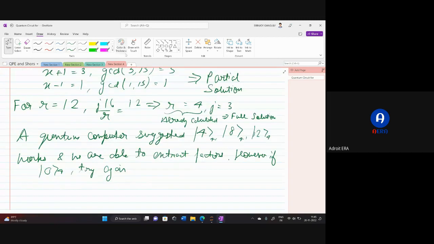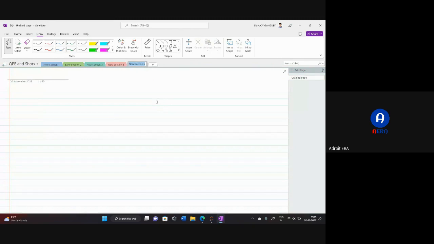So basically the implementation is similar to QPE, quantum phase estimation, right? So quickly I will just mention the basic circuit for that, which is known as the modular exponentiation circuit.